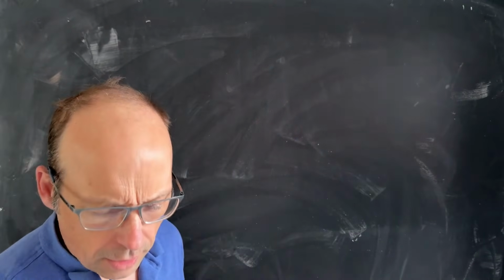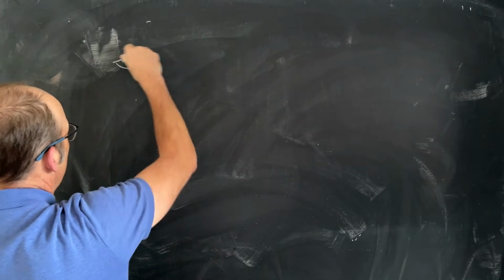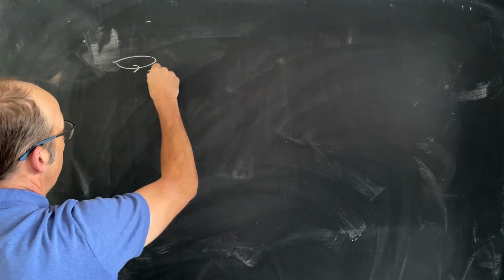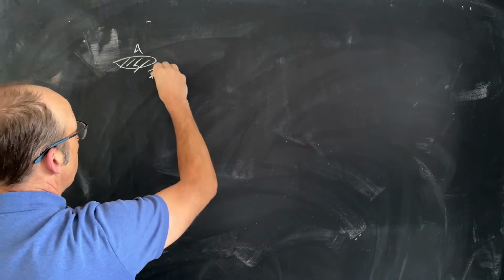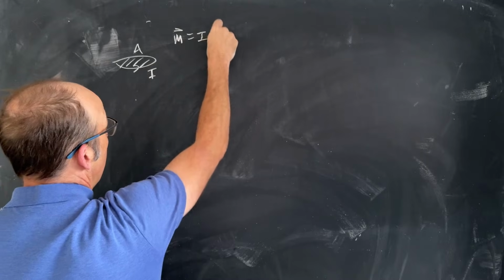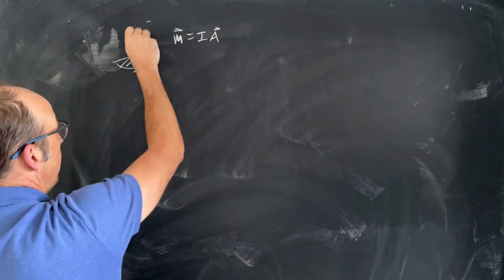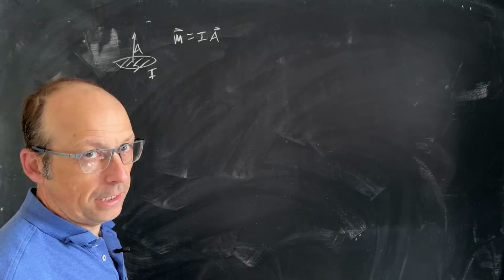Okay, so the magnetic dipole moment, the easiest one is to say, suppose I have an electric current I going in a loop, and so this has an area A. Then we can define the magnetic dipole moment as I times A vector, where A vector is in the direction perpendicular to the area.